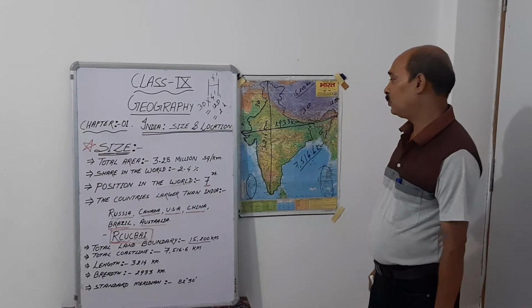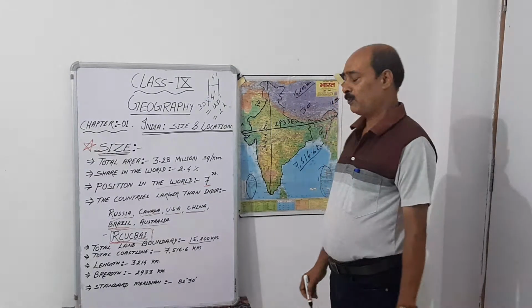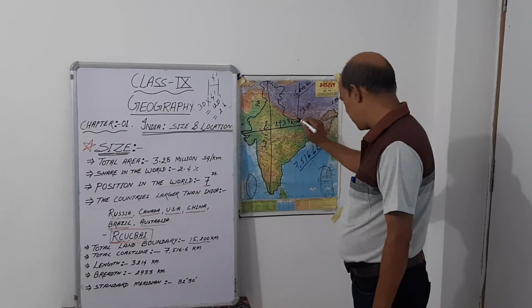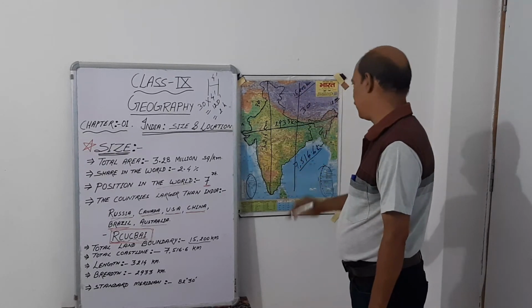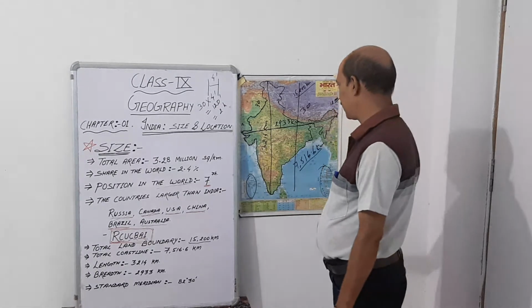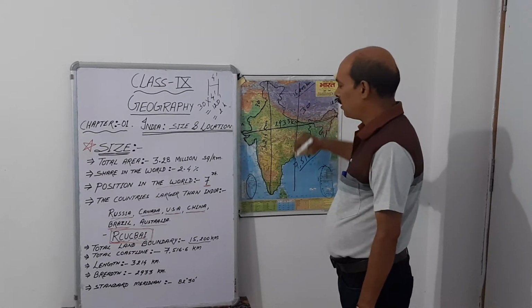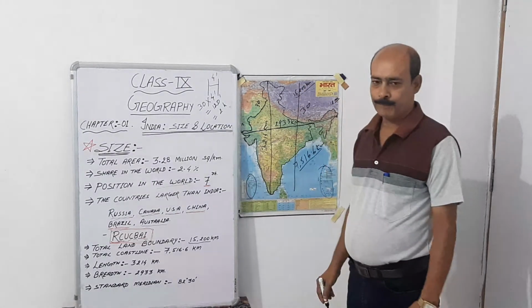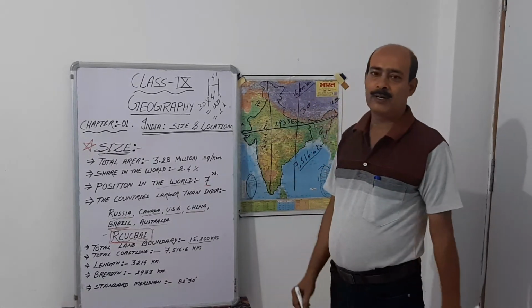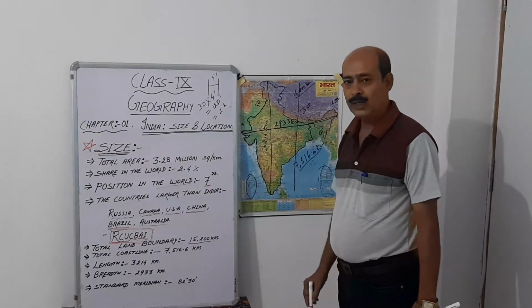To solve this problem, one longitude which passes through the middle of our country was selected as the standard meridian of India, and the time on that meridian is the time for the whole country.